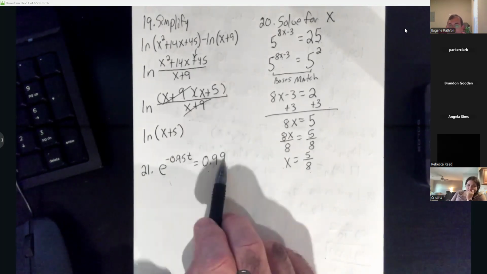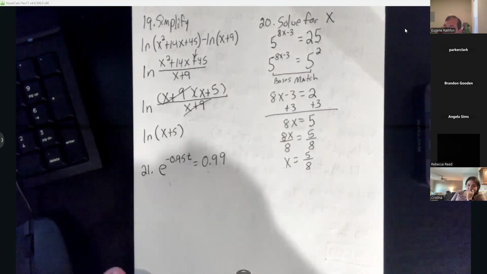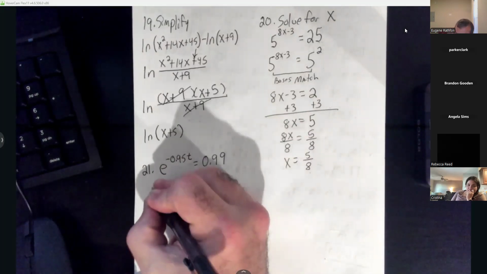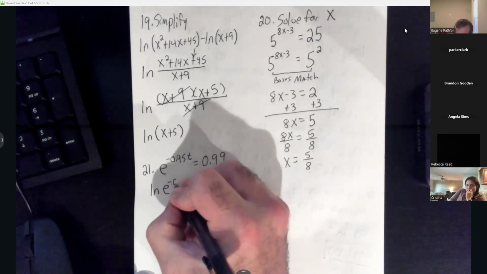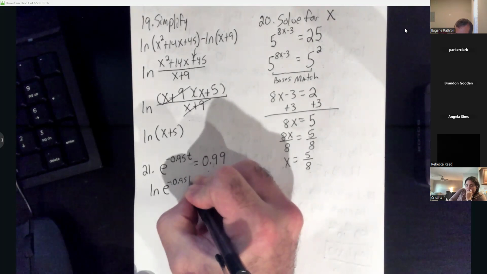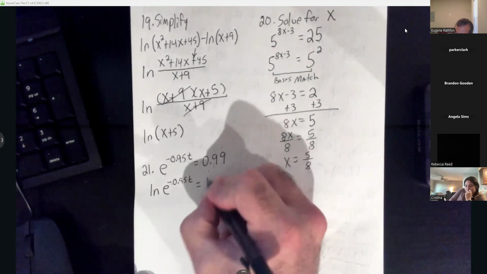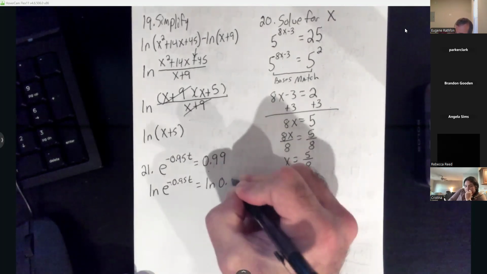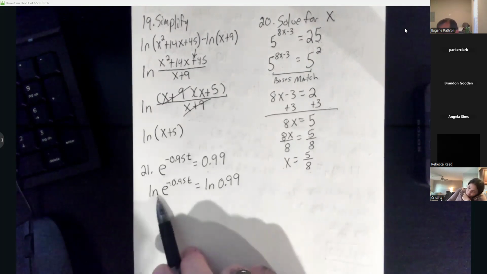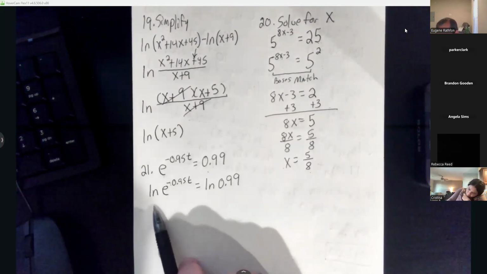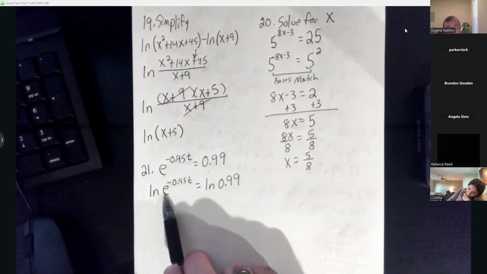Since I cannot rewrite it, I'm going to take an ln of both sides. I'm going to do the ln of e to the negative 0.95t equals the ln of 0.99. The reason I chose ln instead of a log on this one is because of that e.